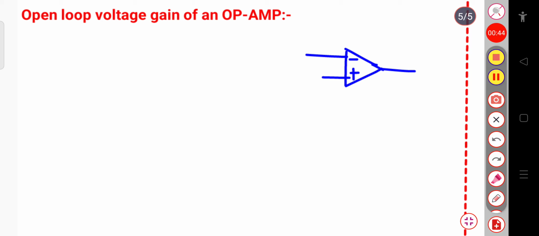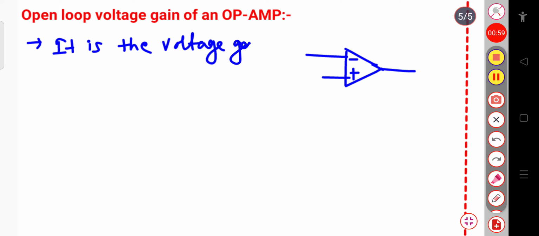Now the open loop voltage gain means the voltage gain of the op amp taken without feedback.